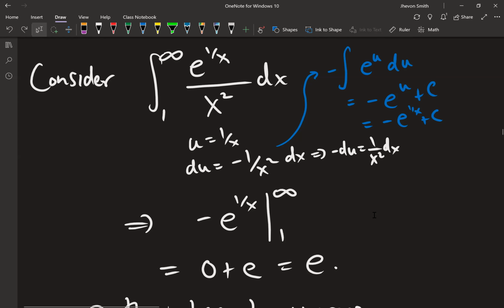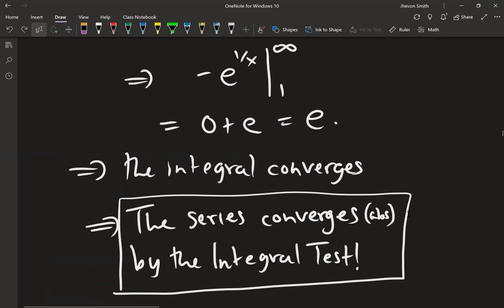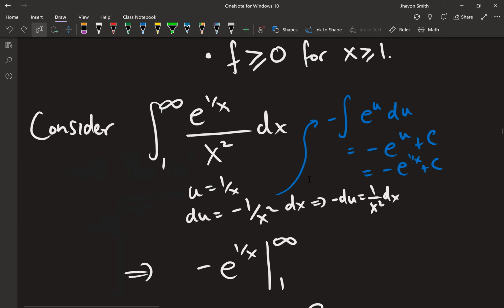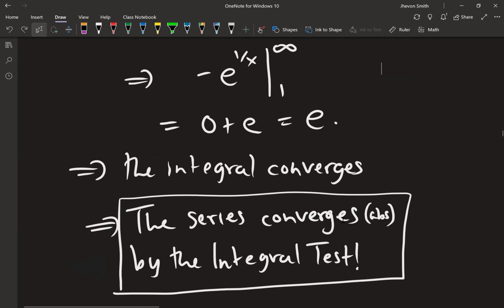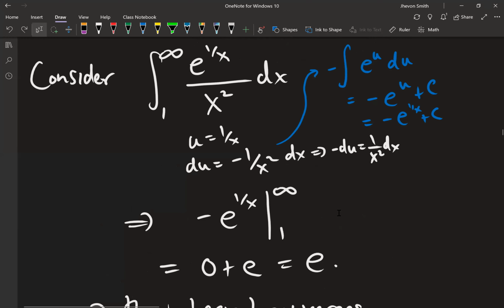Okay. This is just computing the improper integral, something we covered in a previous class. Ultimately here, this integral as is converges, and that leaves us with the answer. So that's the integral test.